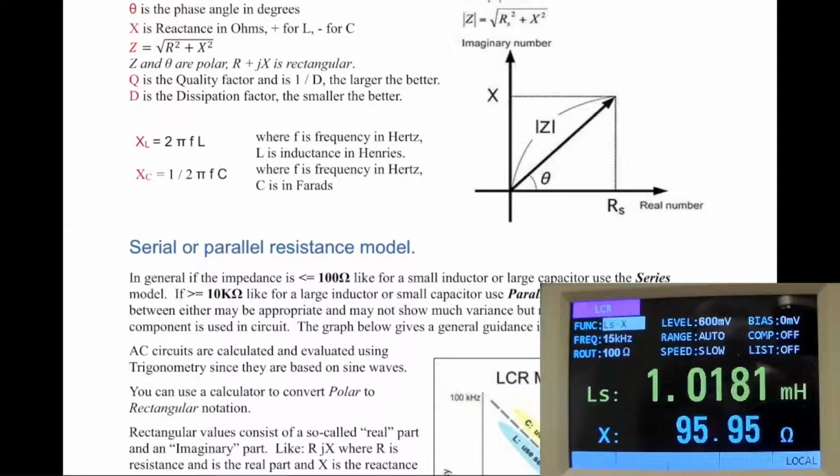And as I showed before, this is under 100, so you would want to use the series model, and indeed if I go to parallel, in actual fact it is so close to 100 it's not making much difference. What if we change the frequency here?